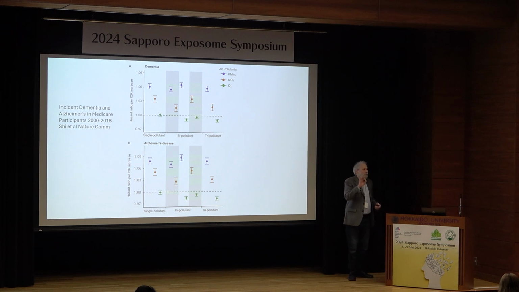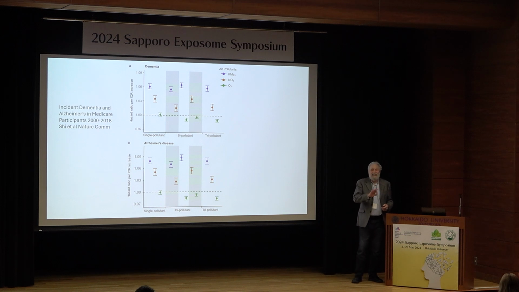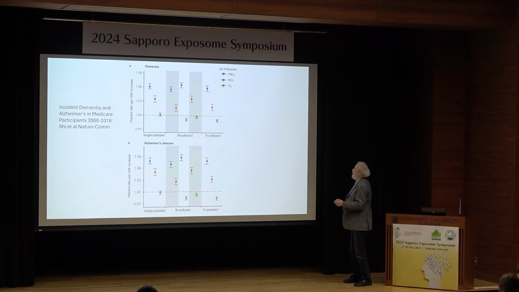So they have to have not had any diagnosis or mention in their health record of dementia for at least 3 years before the date. And we see associations with PM and NO2 and a protective effect of ozone, which is probably because ozone and NO2 tend to be negatively related. And then this is the same thing for Alzheimer's.